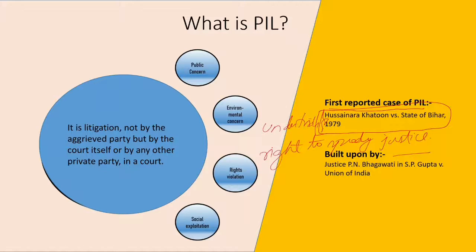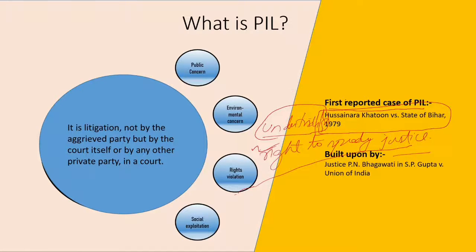Because remember this catchphrase as well, justice delayed is justice denied. So in this case, obviously the undertrials didn't approach the court, but a private person who read an article in the news approached the court and got relief for these undertrials, and the Supreme Court ordered the release of these undertrials.